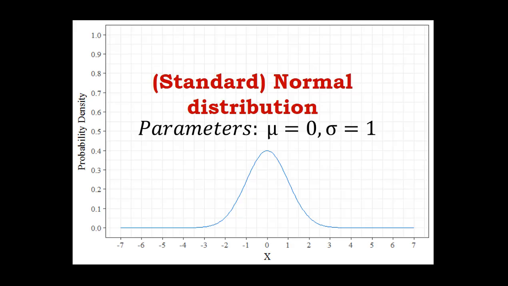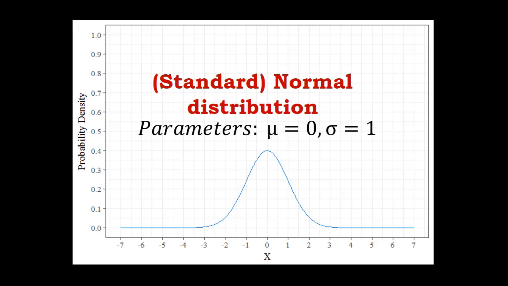Now, the most important continuous distribution, and probably the most important of all distributions, at least in psychology, is the normal distribution. We also call it the Gaussian distribution.